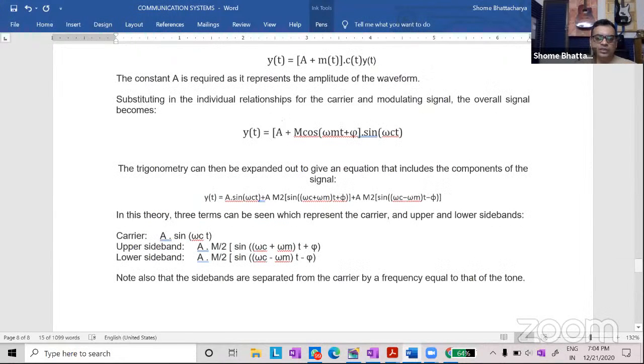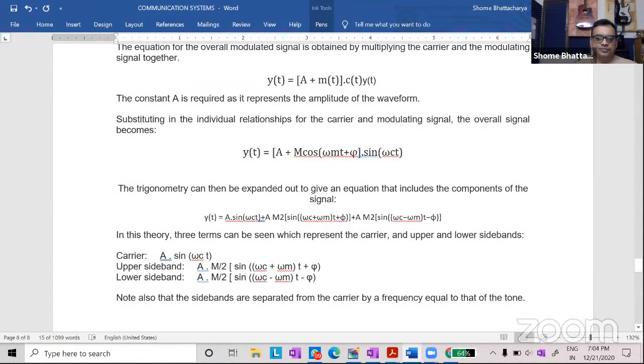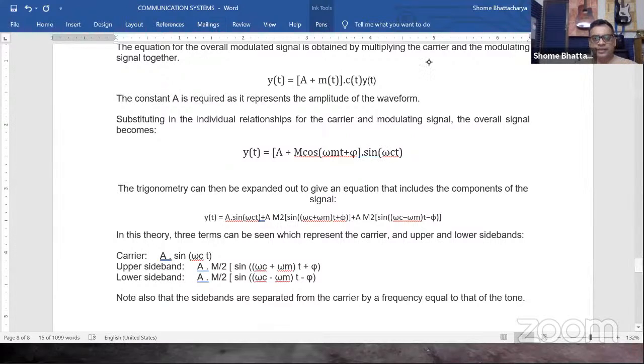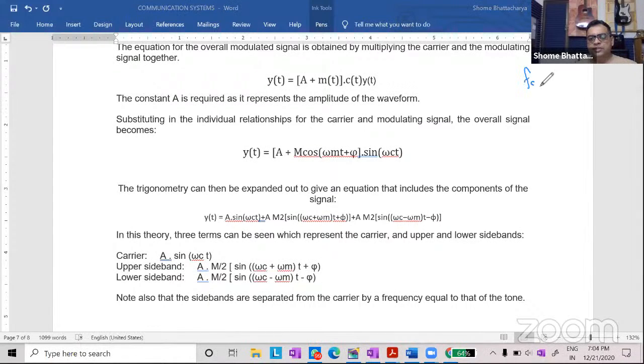Because in detail you have only amplitude modulation. So in terms of formula, you just need to remember this important thing: if your carrier wave frequency is omega c, so if you took an actual example, suppose your carrier wave frequency was, let's say, 12 megahertz. That means it is 12 into 10 raised to the power 6 hertz. So your omega c is 2 pi fc.